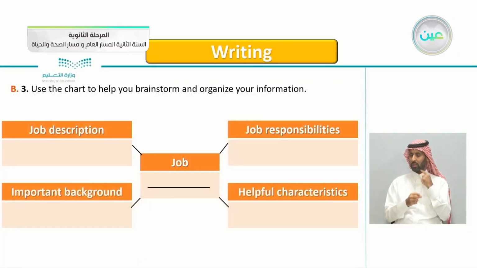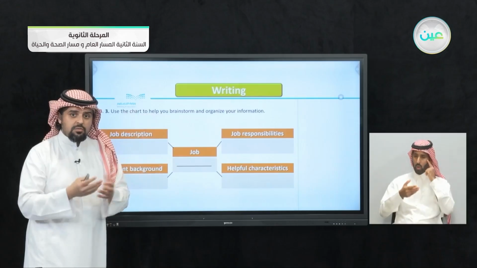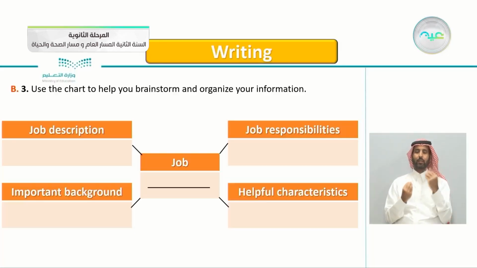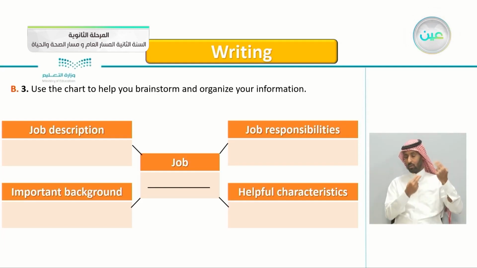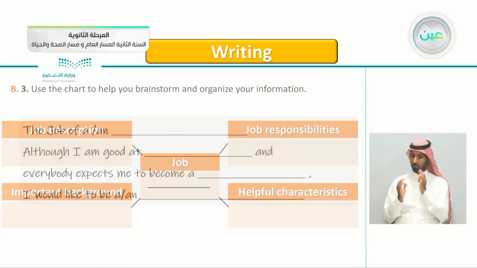So use this chart to help you brainstorm and organize your information. Fill in this chart, and it will help you come up with the perfect job title for you, job description, important background, the responsibilities in this job, and the helpful characteristics that will help you in this job. Once you find all of this information, you will find your suitable job.